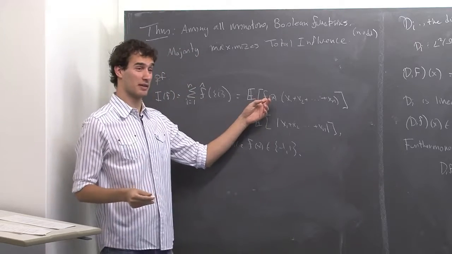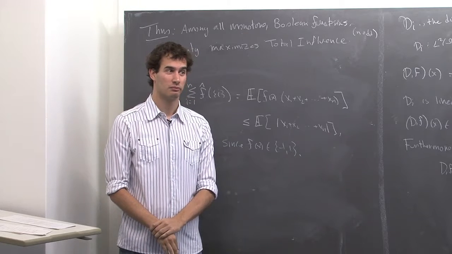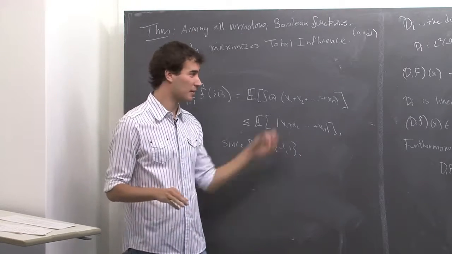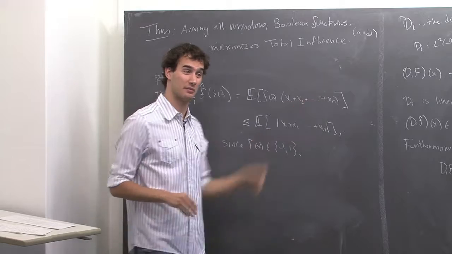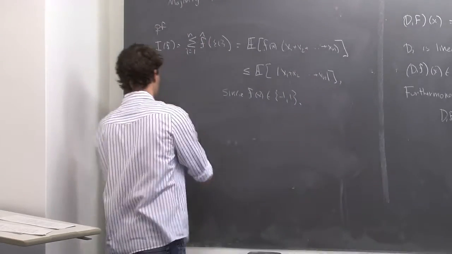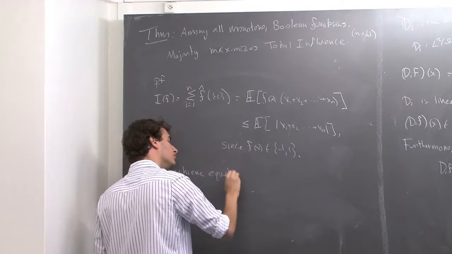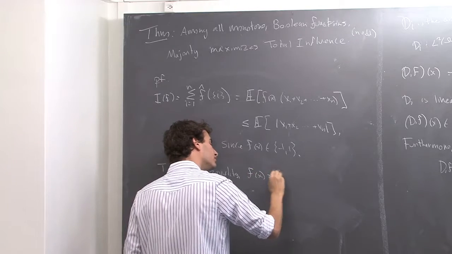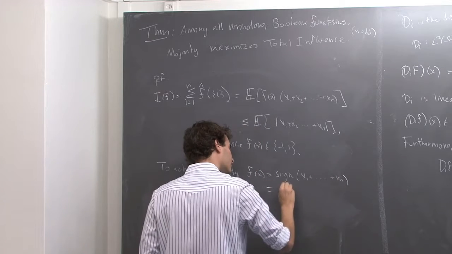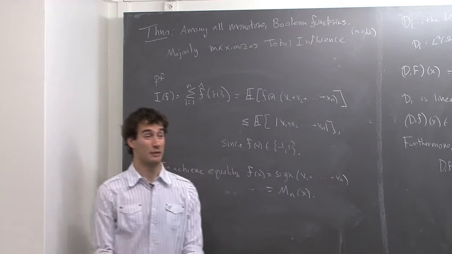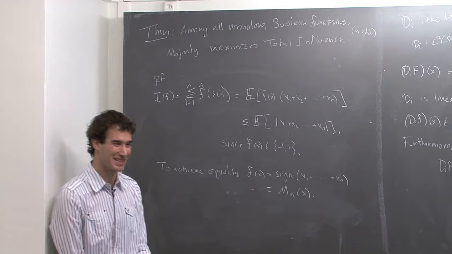Since f of x can only be plus or minus 1, the best thing this can be is exactly the absolute value of that thing. But this equality is achieved exactly when f of x is equal to the sign of that. Exactly majority. Told you, no proof is longer than 3 lines.